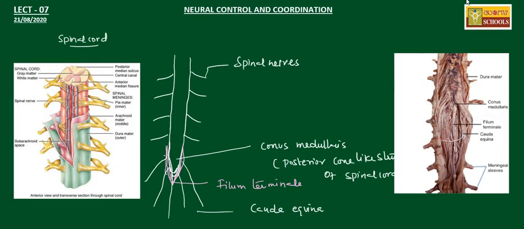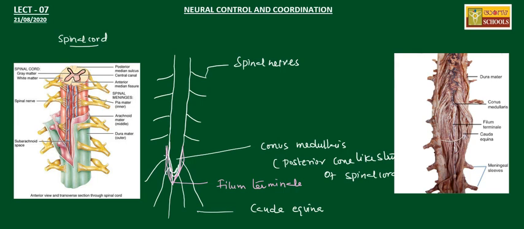Here I would like to show some pictures. You can see on the left side the spinal cord. In the transverse section you can see that butterfly shape, the gray matter, and the white matter outside it, and you can see how the spinal nerves arise.